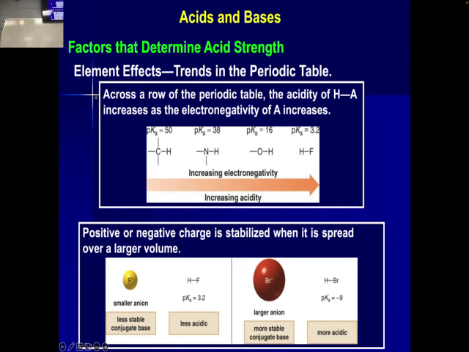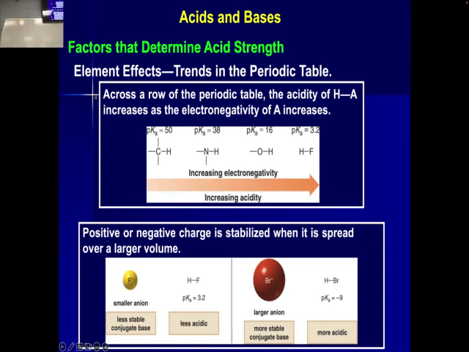As I go in a period, let me draw it out: carbon, nitrogen, oxygen, fluorine. As I go from left to right, I increase the acidity. Why is that? Does it have to do with electronegativity?